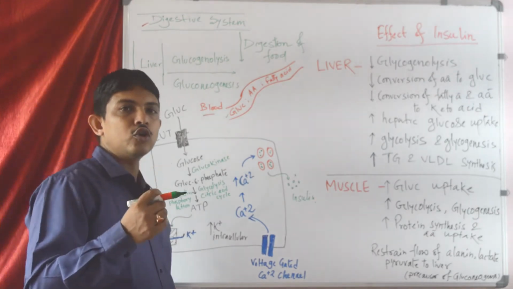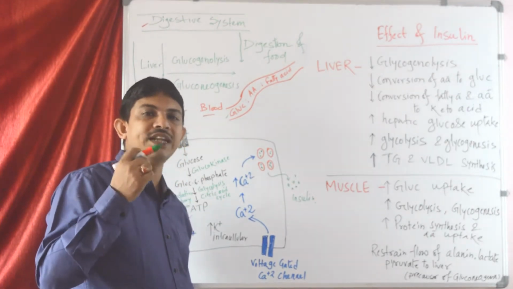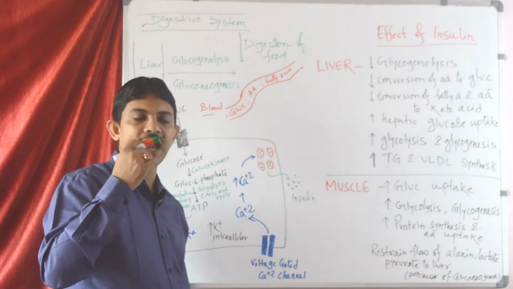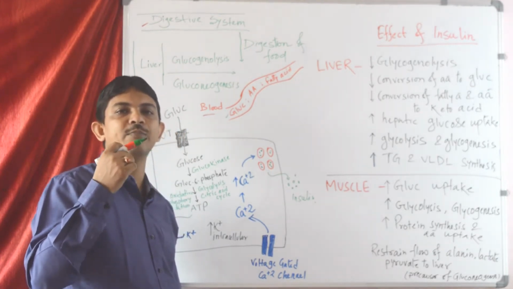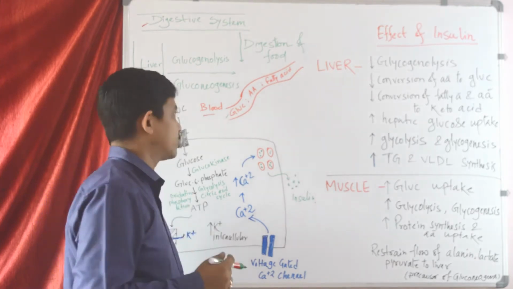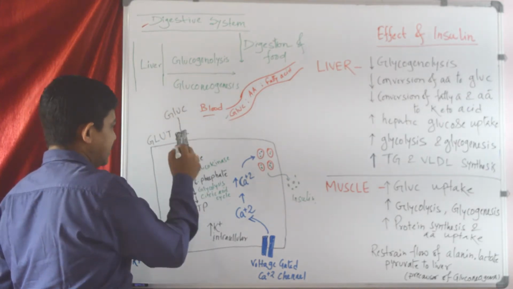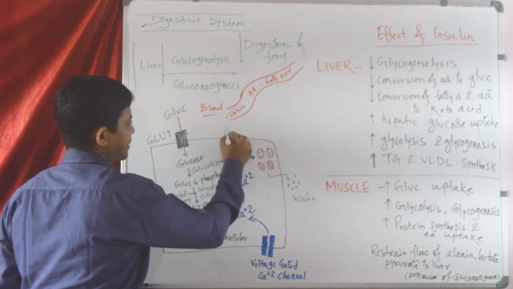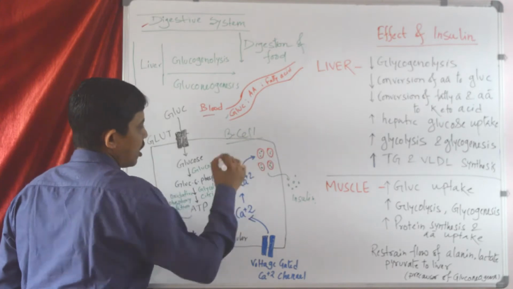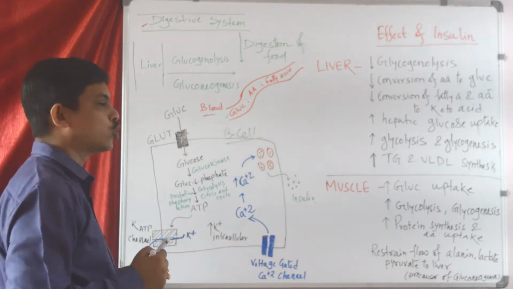Now glucose will enter the pancreatic beta cell through a transporter known as GLUT.